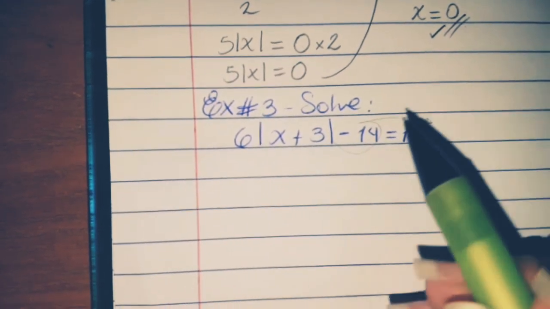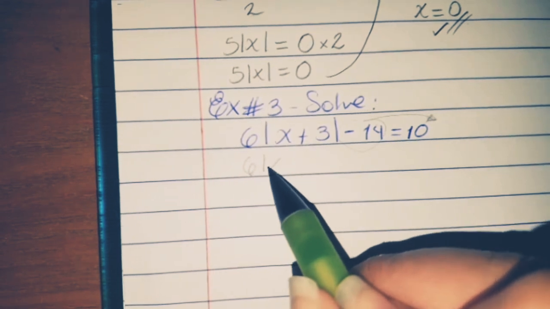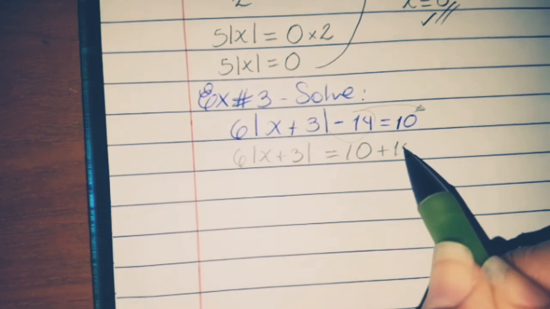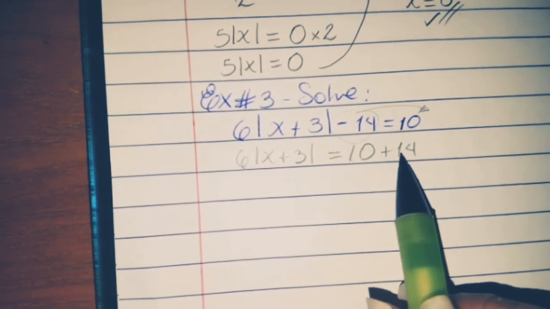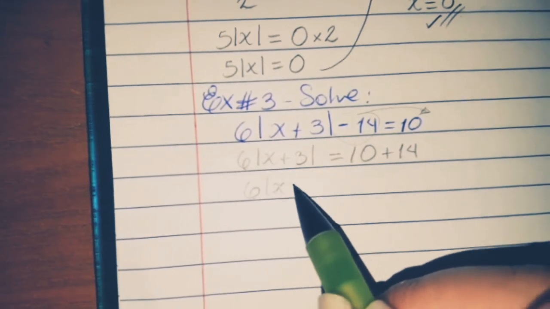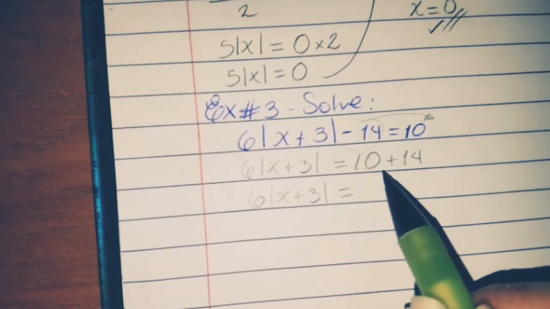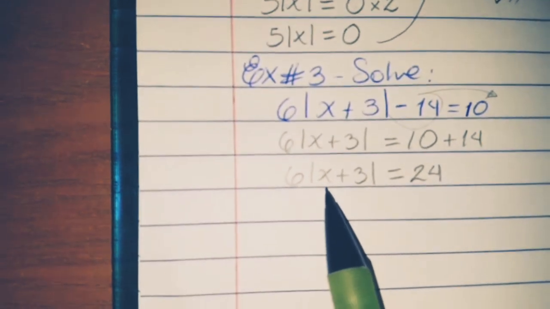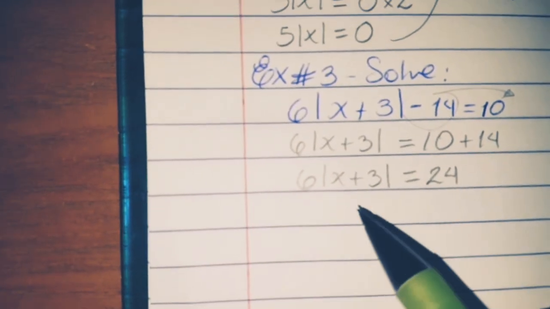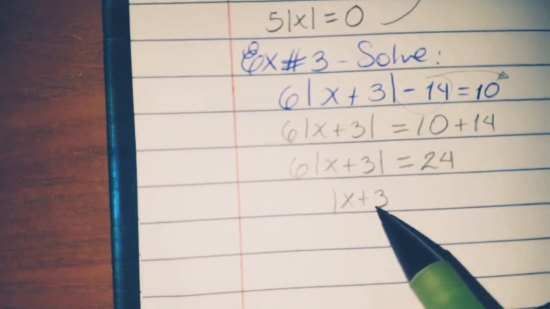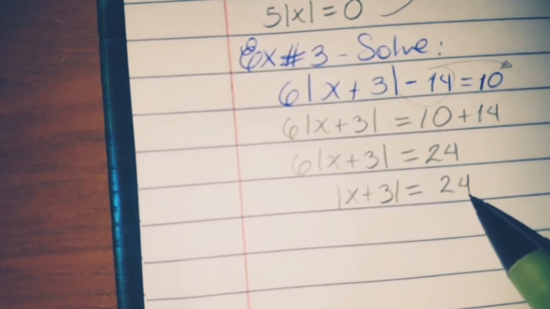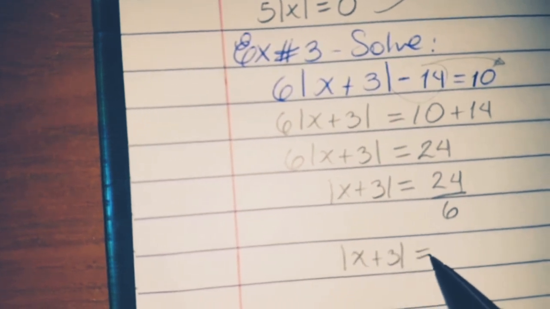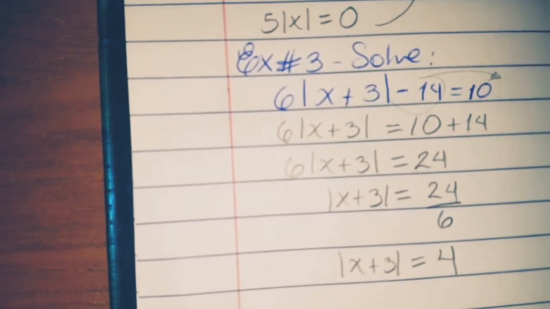That's the first step. 6 absolute value of x plus 3 equals 10 plus 14. Let's add. 6 absolute value of x plus 3 equals 24. The 6 is multiplying the absolute value, so let's bring it dividing. Absolute value of x plus 3 equals 24 divided by 6. Absolute value of x plus 3 equals 4.